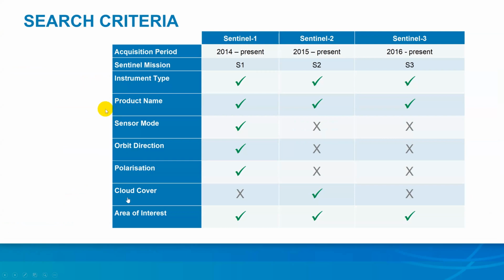Along the left, we've got the different criteria available, and along the top, we've got each of the Sentinel missions. For Sentinel-1, the cloud cover criteria is not applicable. The Sentinel-2 sensor mode, orbit direction and polarization are not applicable. And for Sentinel-3, only instrument type, product name and area of interest are applicable.